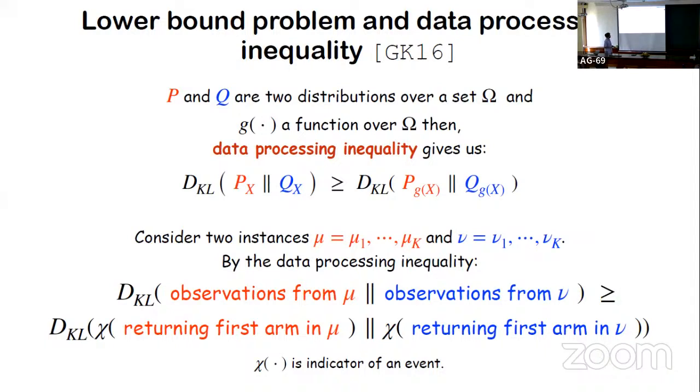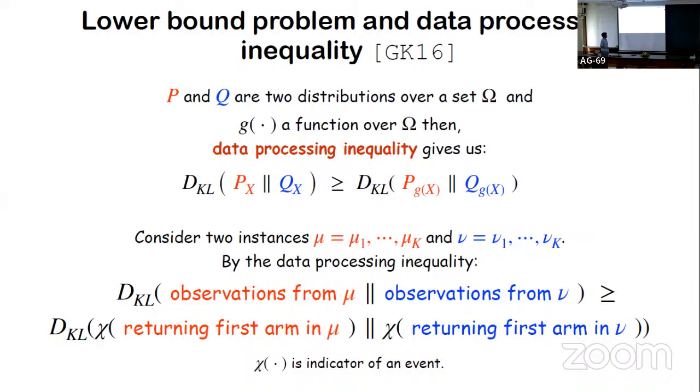Then the data processing inequality says that the KL divergence between P and Q is larger than the KL divergence between the distributions of G of X after X is sampled from P or Q. Essentially this means I process the random variable X using some fixed rule G, and after that the distance between the distributions can be at most the distance between the distributions from which X is sampled, and this will help us get the lower bound.